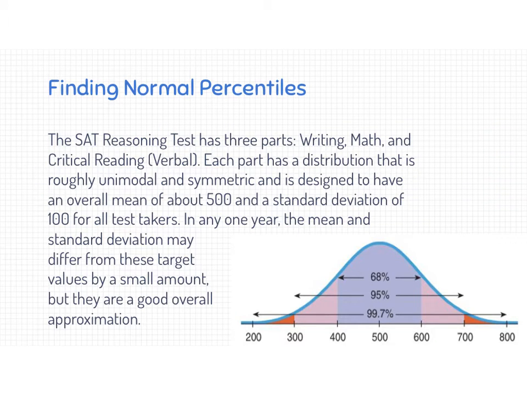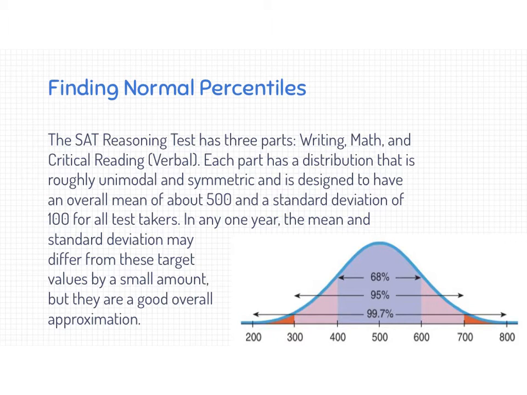All right, so we spent some time already finding normal percentiles. This hopefully looks familiar to you. SAT, we had the 500, and then you scored a 600, so then we were figuring out how much you did better than.